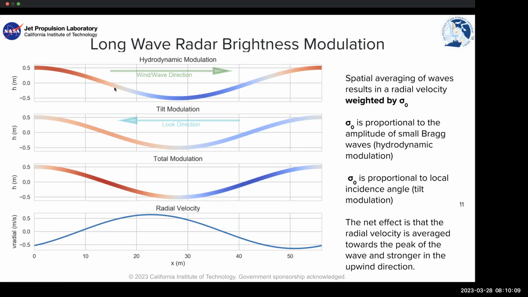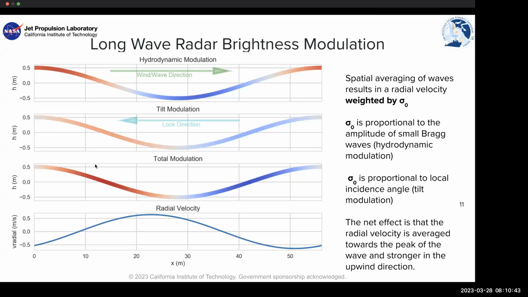In addition to that, what makes it even more complicated is that the backscatter cross-section depends on the incidence angle, and the large-scale waves modulate the incidence angle. So if we're looking from the right over here into the wave, this part of the wave will face the radar more strongly than this part of the wave. And so this also will be brighter than that part of the wave.